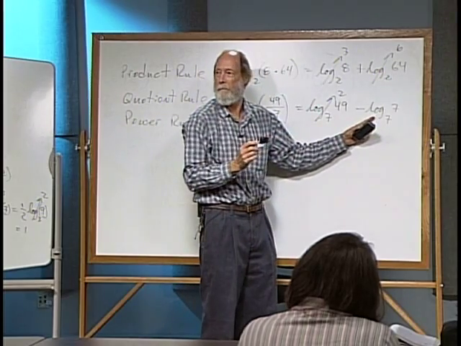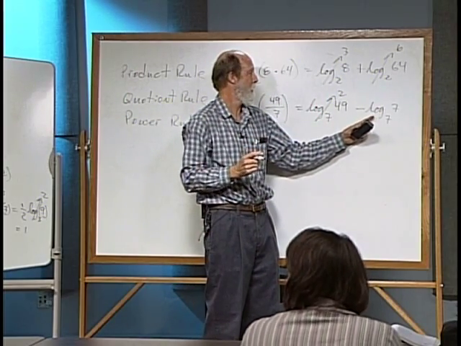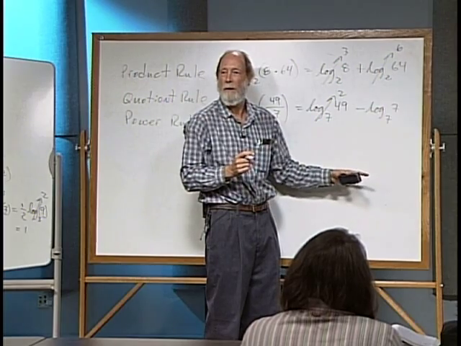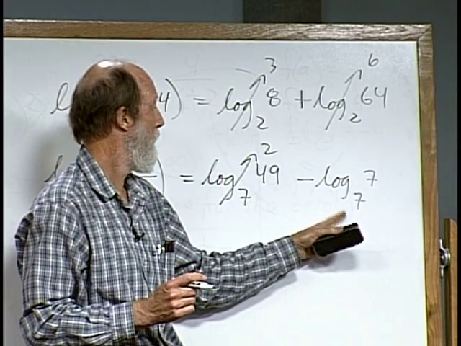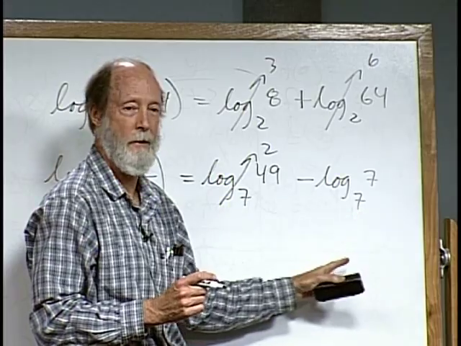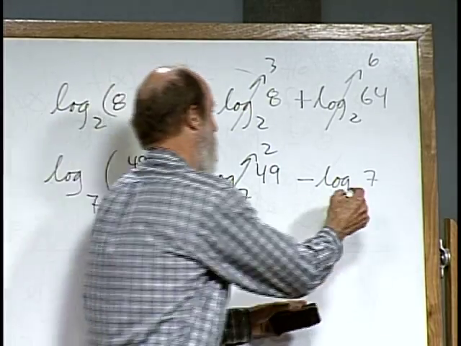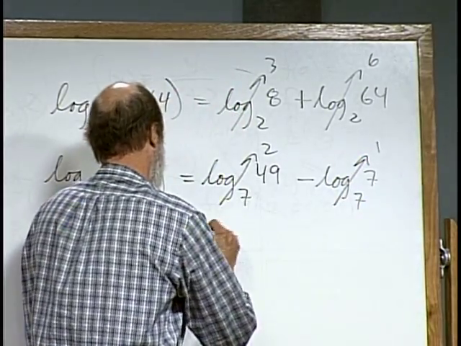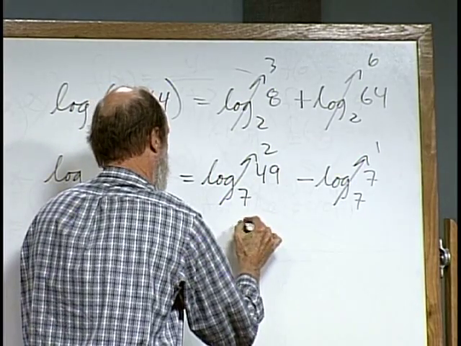Over here, Sarah, log base 7 of 7. Exponent of 7 that gives you 7? 1. So we get 2 take away 1 is 1.